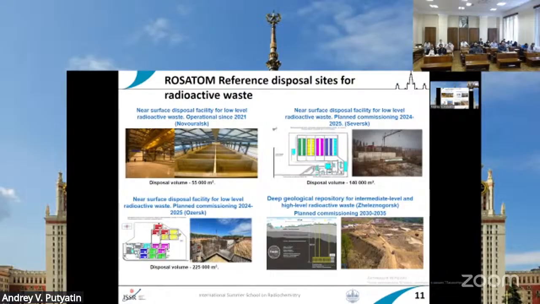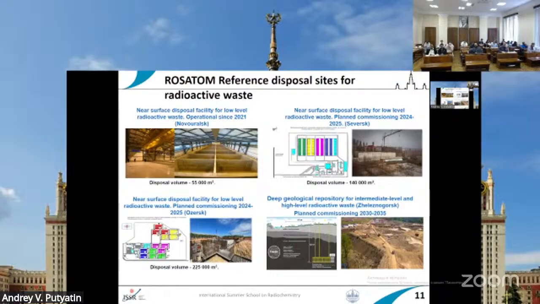So there are some examples of the disposal sites for radioactive waste for low-level waste. You see, it's like a building for the radioactive waste. It is the near-surface disposal facility, also for low-level waste. It is in Seversk, in the Tomsk region. It is a near-surface disposal facility for low-level waste in Ozersk.